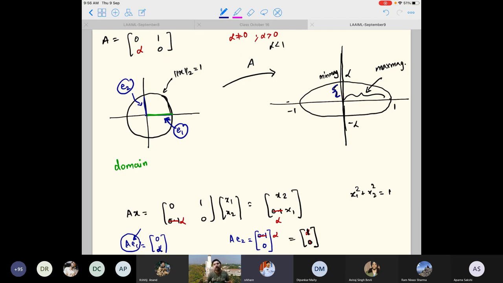Once you understand this geometry, you can take this understanding to higher dimensions like R3 to R3, R4 to R4. It's the same: you have a unit sphere, and how bad that unit sphere becomes when you act A on it.